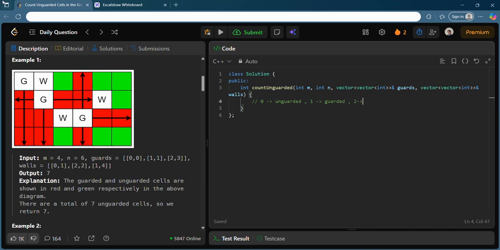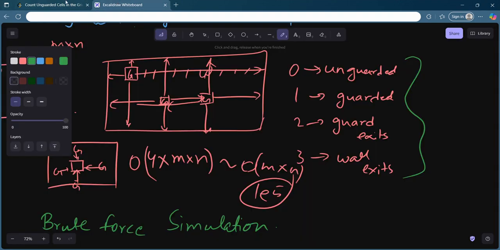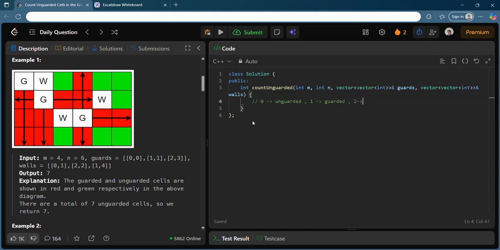It means guard exists. So G means 2. Green cells are denoted by 0, red cells are denoted by 1, and 2 means G, guard exists. And this 3 means W, so it's actually wall. So I hope that is very clear.